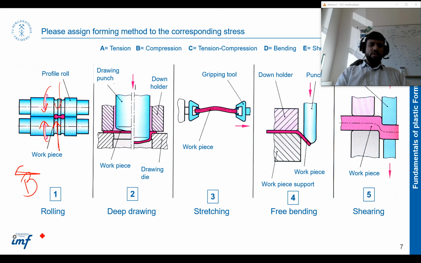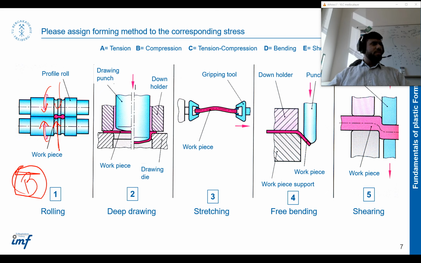Normal rolling is generally related to compression. Almost 7 students answered this question, so that's great. It can be tension compression if there is an external load applied, but here there wasn't any.